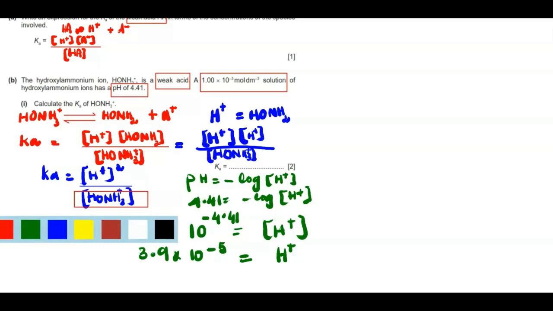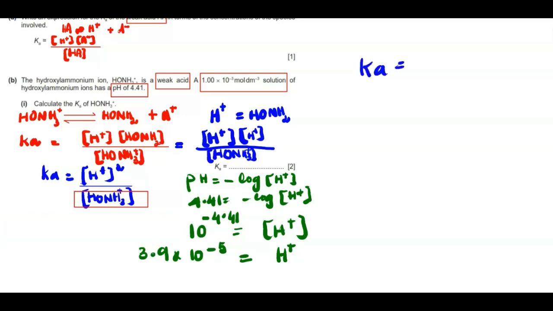Now, the next part of the question: Ka. You are going to calculate the Ka, as you already wrote the expression for Ka. For the weak acid, it's H plus squared divided by the concentration of HONH3 plus.